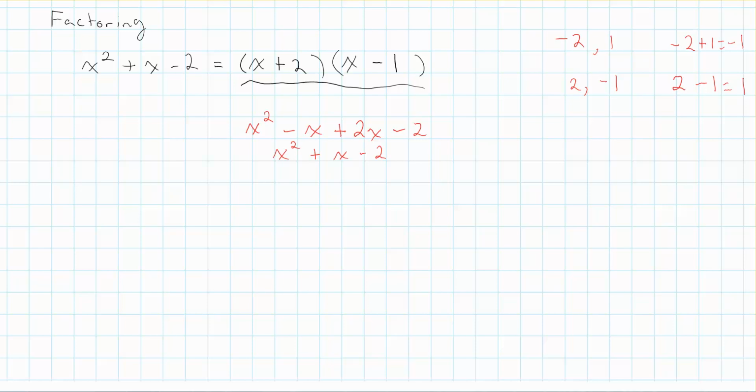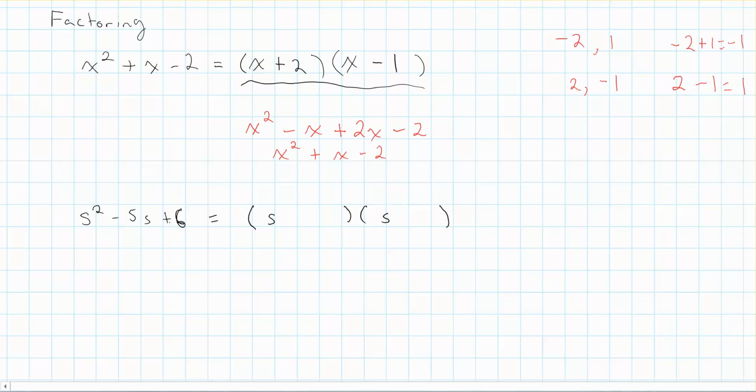So let's look at another one here. Let's look at s squared minus 5s plus 6. So now again, I have s squared, and so this is going to be s and then an s, and then I have to ask myself, okay, well this time it's a positive 6.